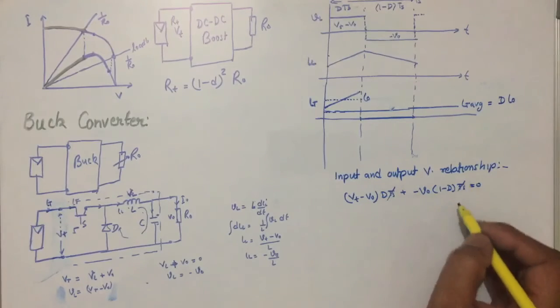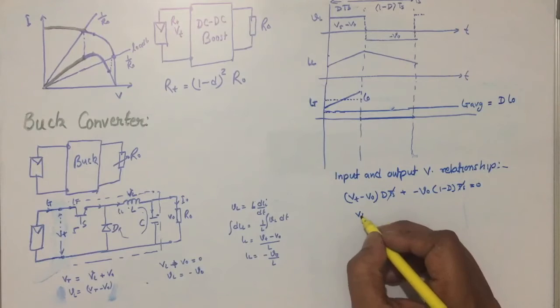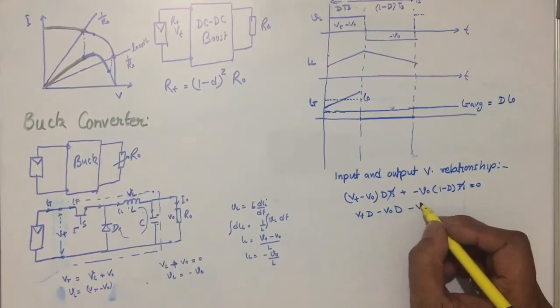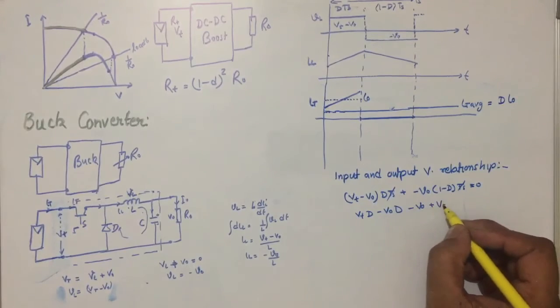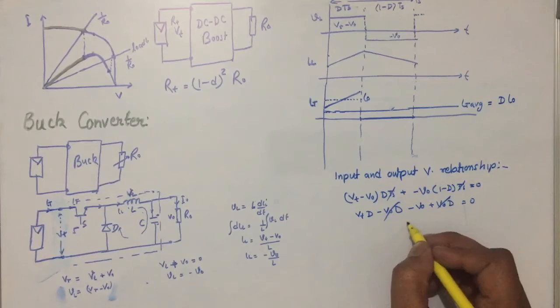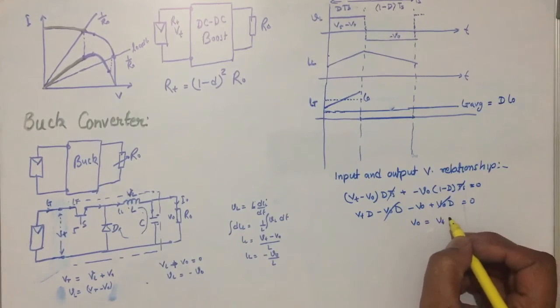From there we can say Vt d minus V naught d minus V naught plus V naught d is equal to 0. It will give us 0. So from here we can say V naught is equal to Vt d.